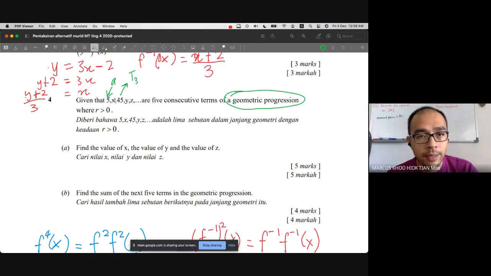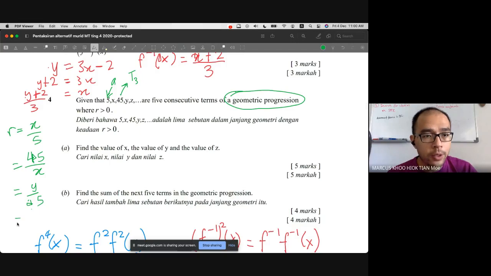Okay, the third term. Okay, and we find that r, if r is x divided by 5, r is x over 5 or 45 over x or y over 45 or z over y. Okay, either one also can lah.